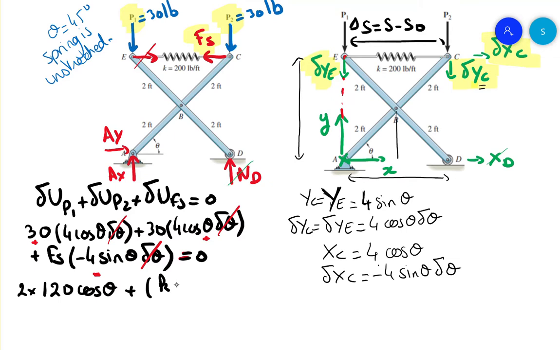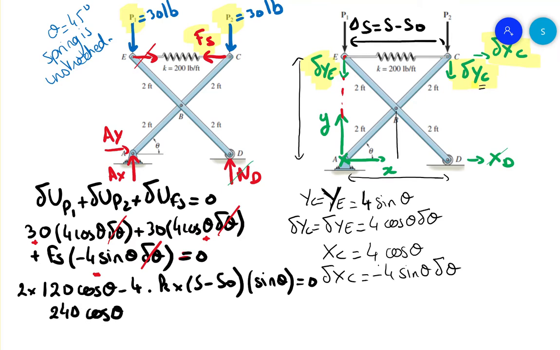So K times (S minus S0) times minus 4 sine theta, equal to 0. So we have 240 cosine theta minus 4 times 200, so 800, times (S minus S0).